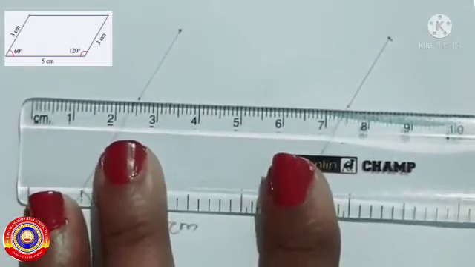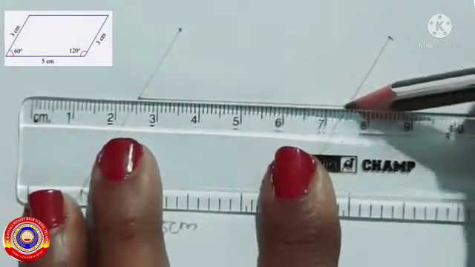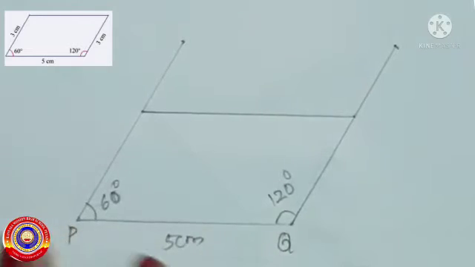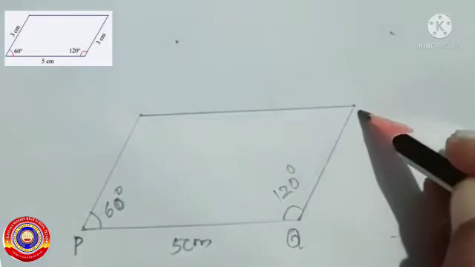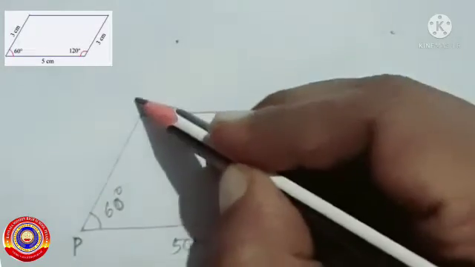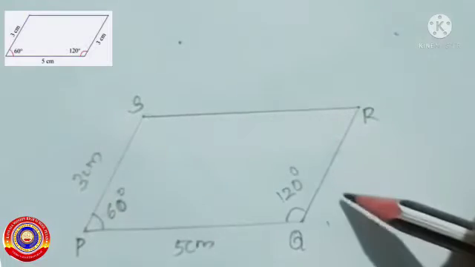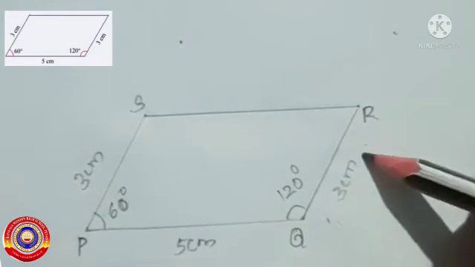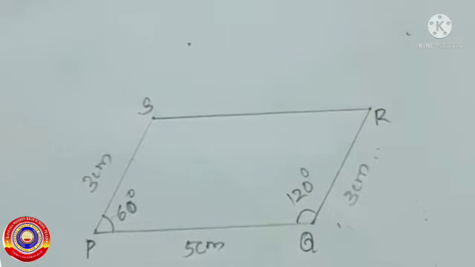Now draw a line joining these 2 points. Erase the extra lines we had drawn now. Then mark points R and S. Then write 3 cm here. Now we got a figure like this. Is it clear for you?